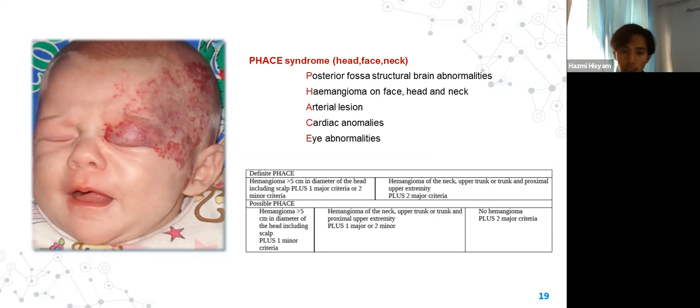Then A is arterial lesions, such as aneurysm or stroke, C is cardiac anomalies such as coarctation of the aorta, and E is eye abnormalities, such as strabismus and others. So there are definite and possible PHACE criteria that we can use to determine whether this is definite PHACE or possible PHACE.